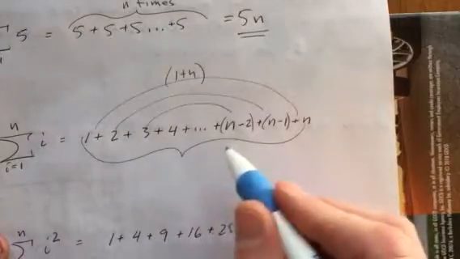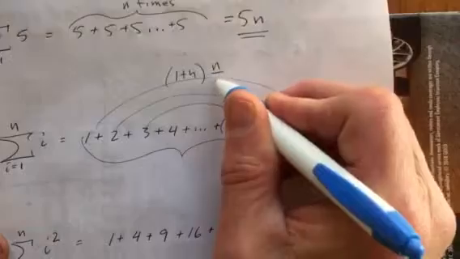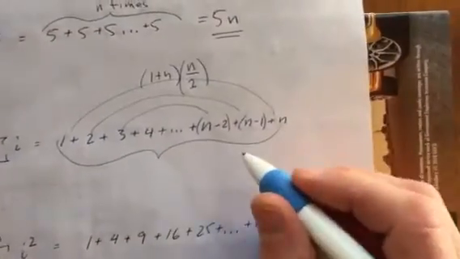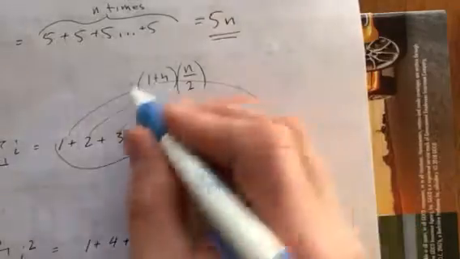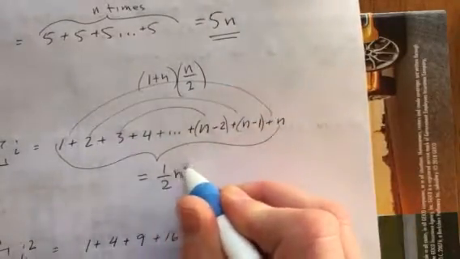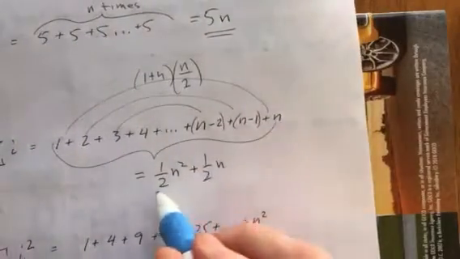And then how many pairs you have is going to be n divided by 2. So our formula here, if we multiply that out, is going to be 1/2 n squared plus 1/2 n. All right, so know that formula and just think about that.